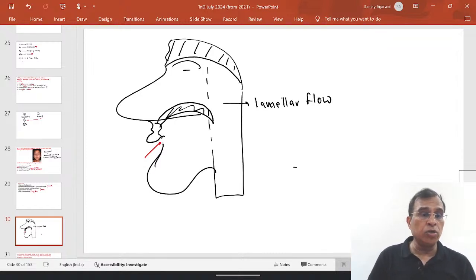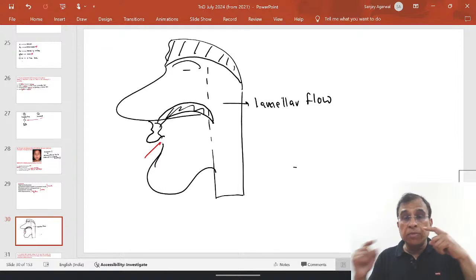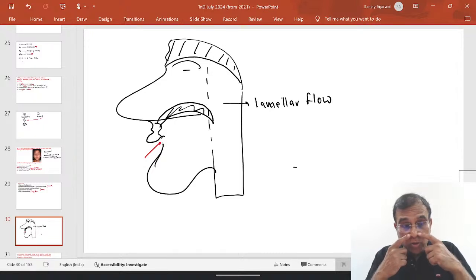And because the nose is not being used, that's why the nose tends to close. So there is a pinched nose. When you pinch the nose, it will close.